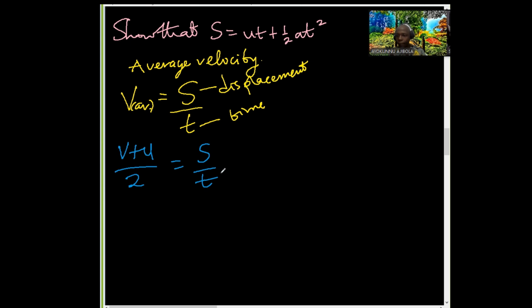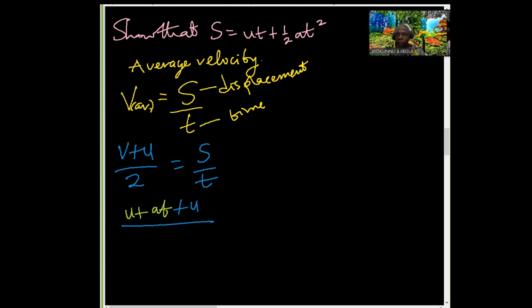Then here, you can substitute, since you already know v, okay? What is v? v is u plus at, right? Yes, sir. So that means you replace v with u plus what? At. Replace. Then plus another u, okay?